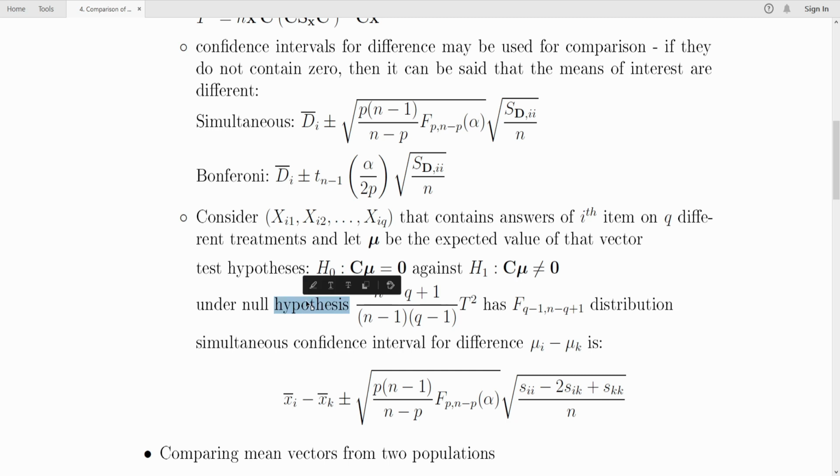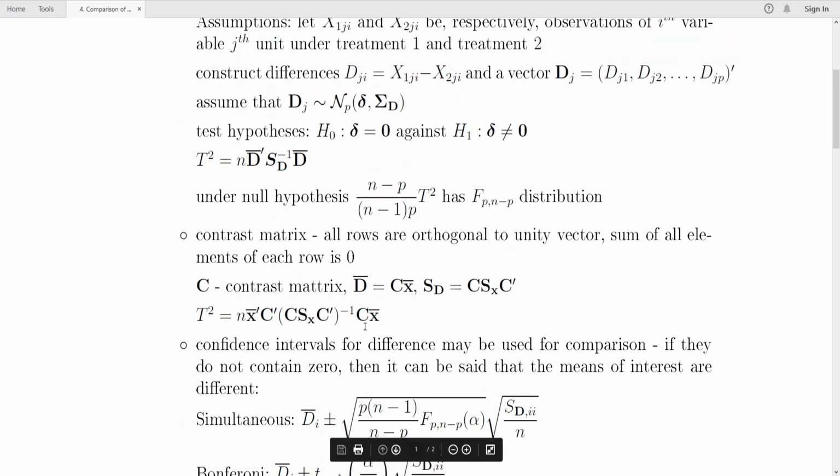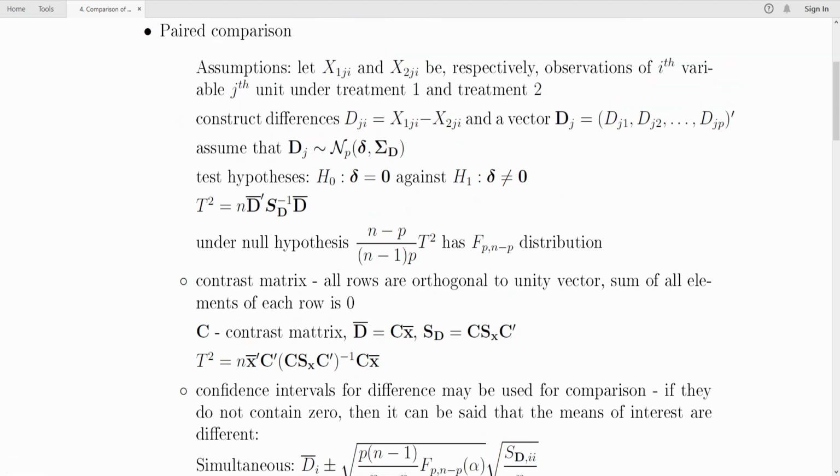This is going to be much clearer on an example. We will talk about this a little bit later. So let's go to an example.